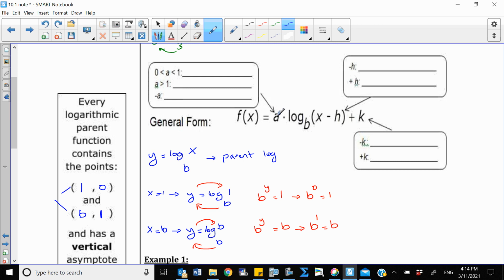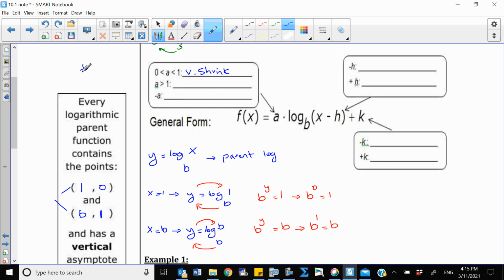If you multiply your function by a value like a, this is outside of the function, and a is between 0 and 1, you're going to have vertical stretch here. Oh, I'm sorry, I made a mistake. This is vertical shrink, because this number is between 0 and 1.